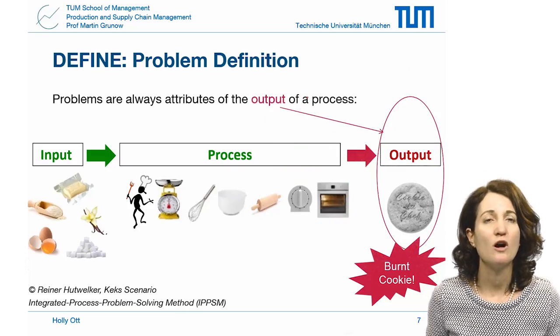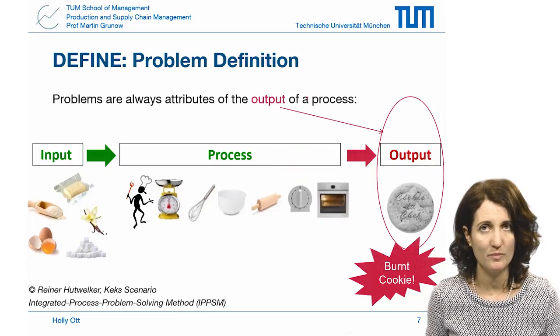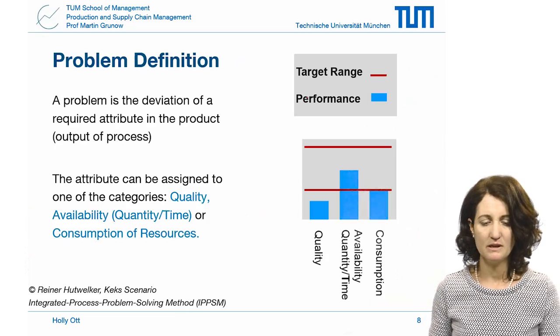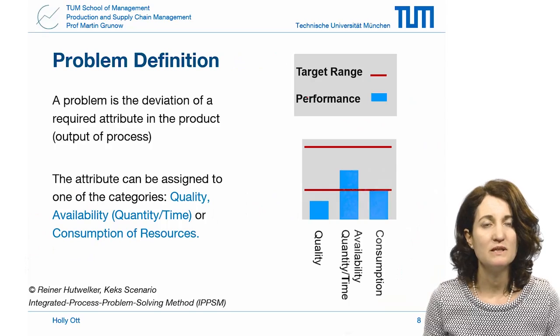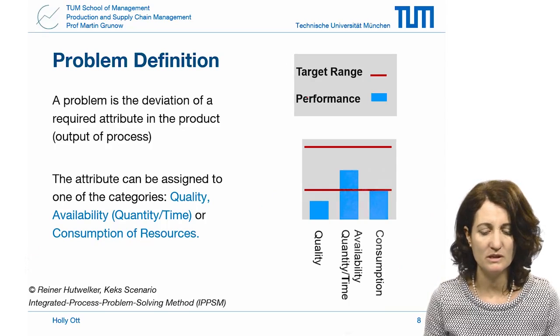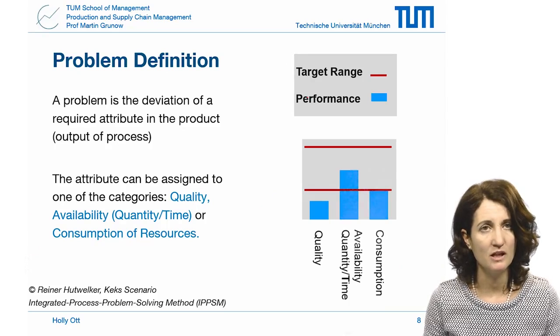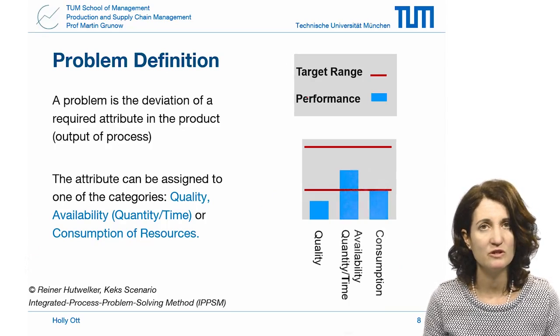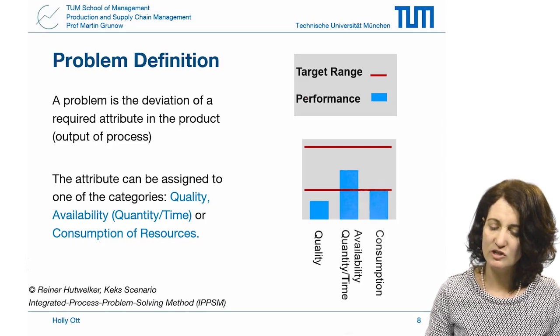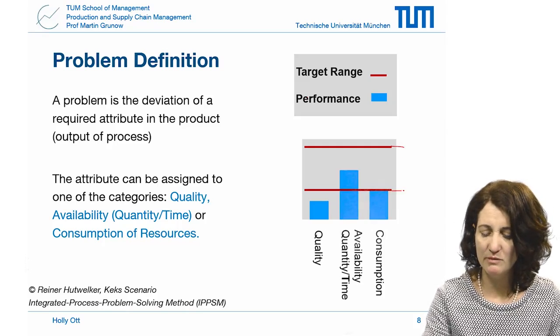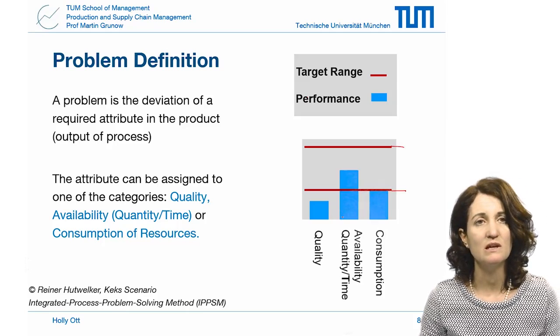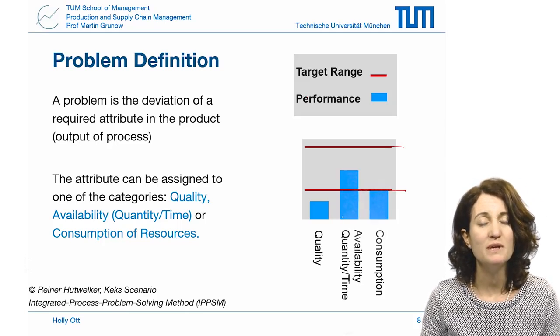So problems are always attributes of the output of a process, and these can be assigned to different categories. Quality, availability, meaning the quantity available or when it's available, and the consumption of resources. So you have a target, you have a maximum and a minimum, and you see if your output is meeting those targets.